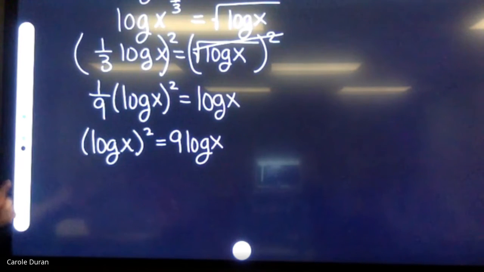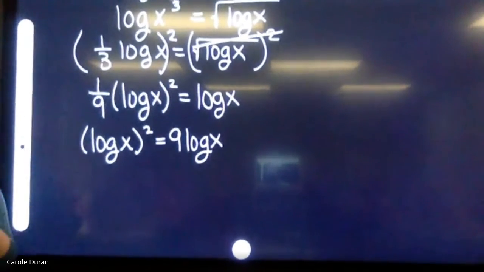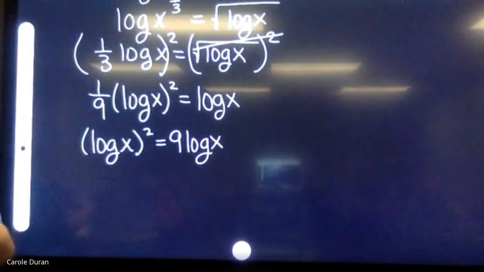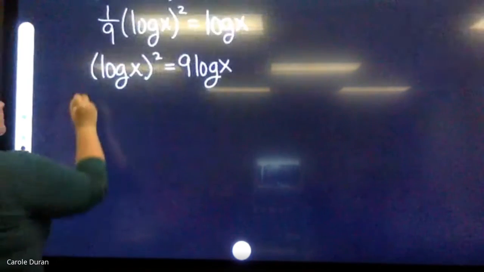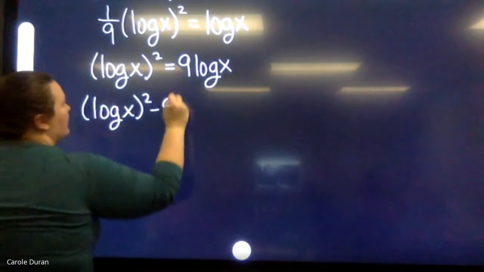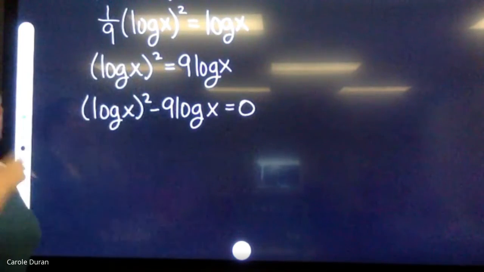So what I want to do now is use some of my algebraic knowledge. If I want to solve this, sometimes it's easier to get everything on one side of my equal sign and see if I can pull out a common factor. So I'm going to subtract that 9 log x over, which leaves me with log of x squared minus 9 log of x equals 0.